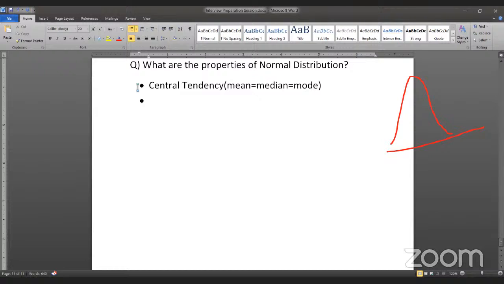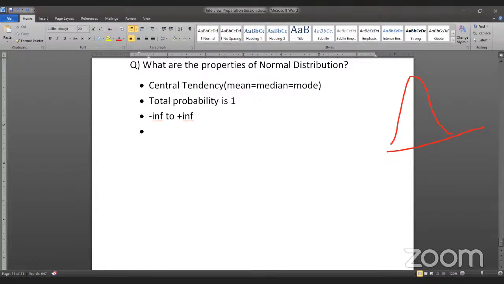Then yes, total probability is one, correct. And the range is minus infinity to plus infinity, which is also correct.